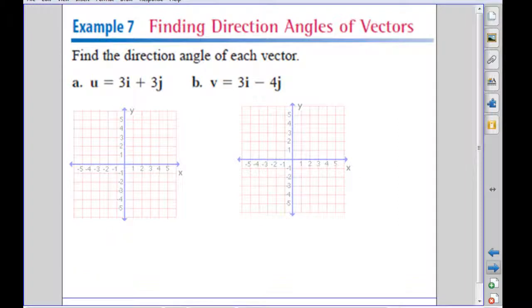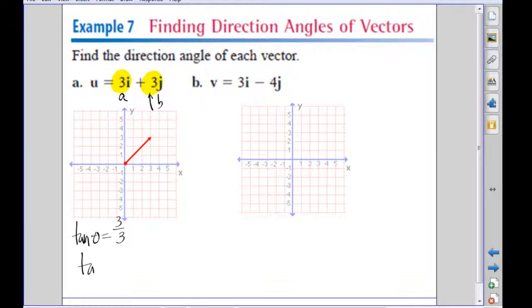All right, so let's go ahead and try some examples together. Let's find the direction angle of the following vectors. In A, we've got vector u as being 3i plus 3j. So your a value is 3, your b value is 3. So we've got tangent of theta equals b over a, so 3 over 3.